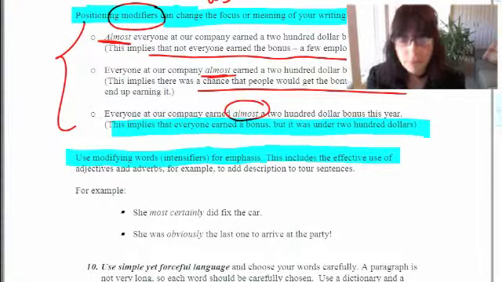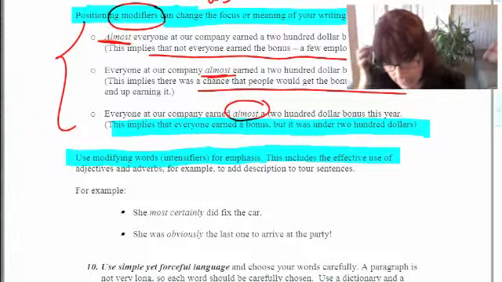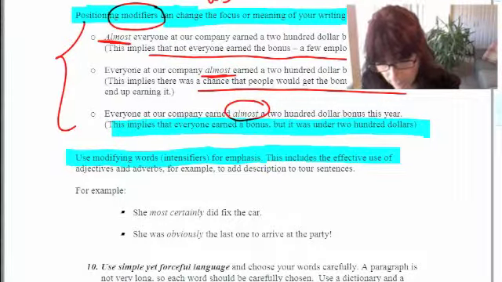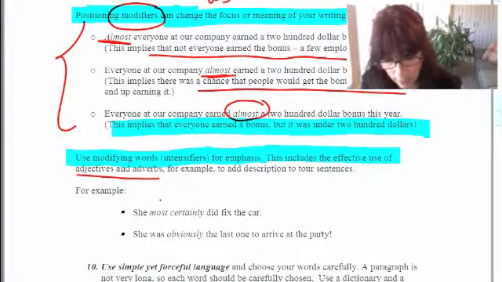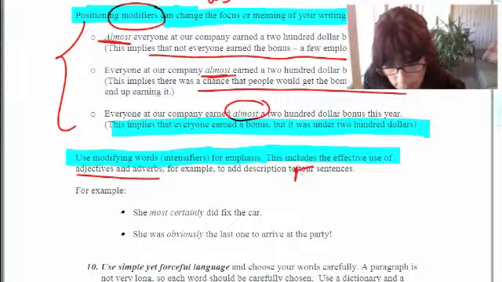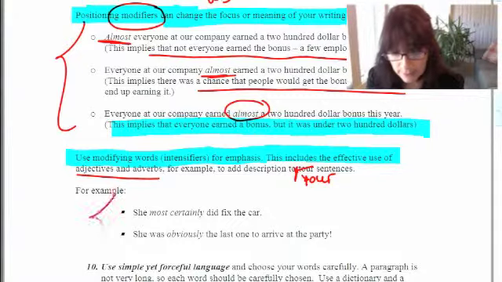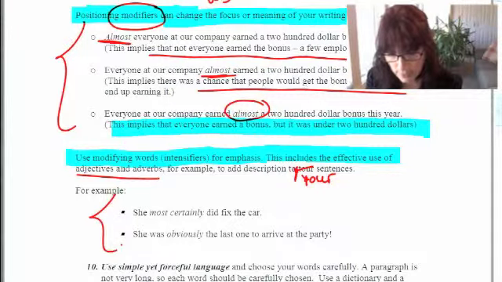Those are called modifying words, and they're also known as intensifiers. This use of intensifiers can include adjectives, adverbs, and you're adding more description to your sentences by using these intensifiers. And I've given you two examples.